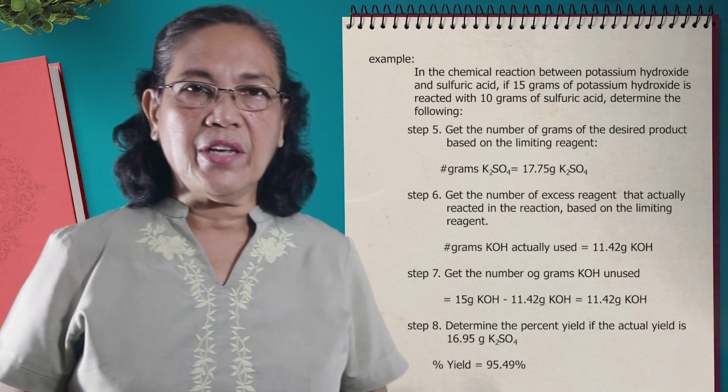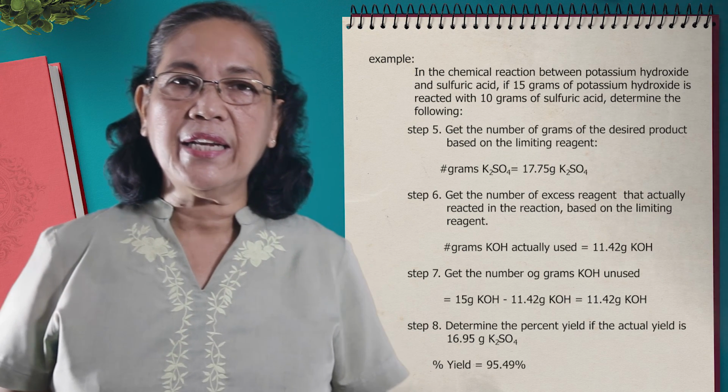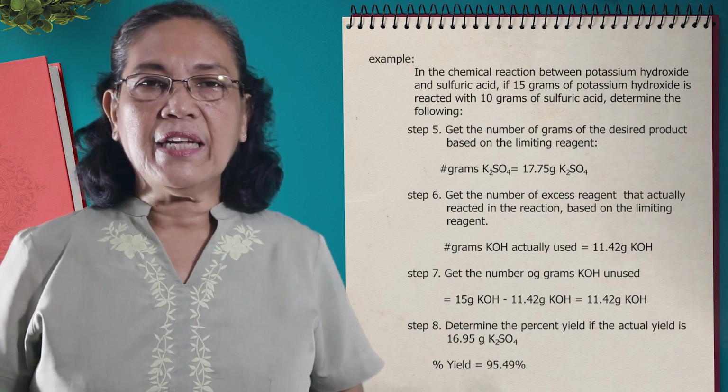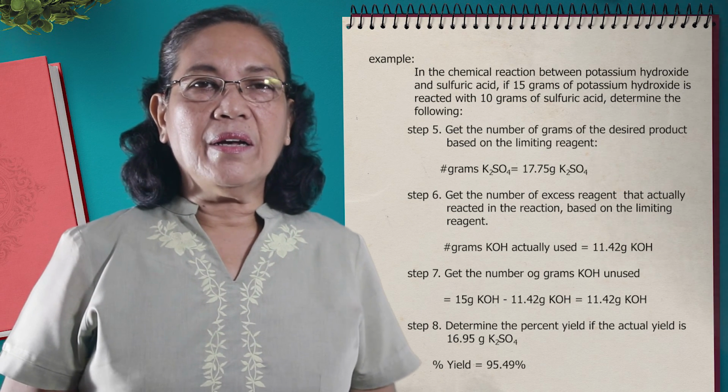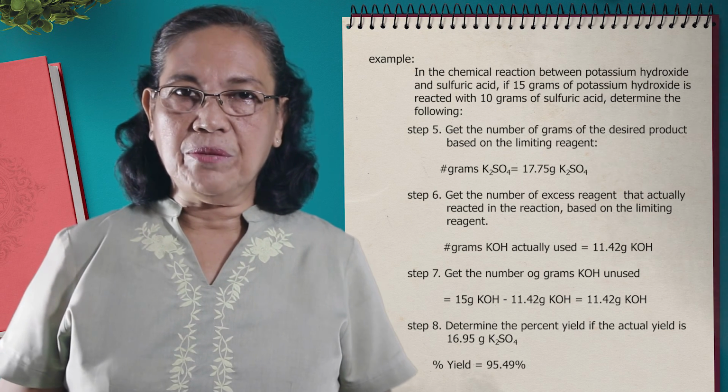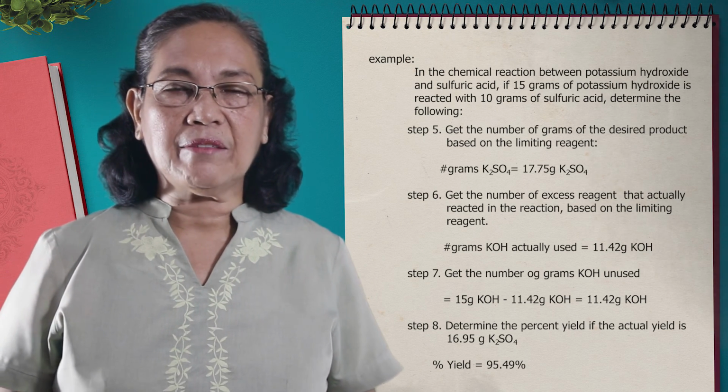So you can cancel out the unit gram potassium hydroxide, giving us the moles of potassium sulfate. In this case, we have 0.134 moles of potassium sulfate, which is our desired product.